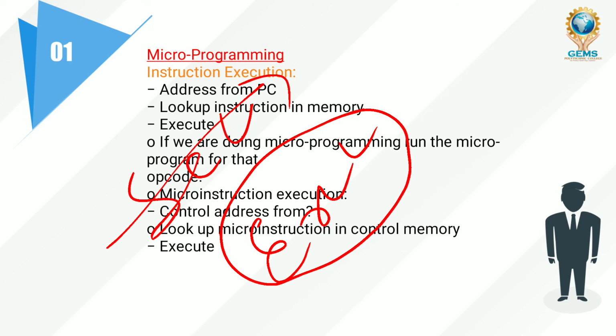So how do instructions execute? First of all, we will see how instructions are executing. Address from the PC. In computer organization and architecture, many registers are there. The program counter register is there, the data register is there, the address register is there, the accumulator is there. These are different kinds of registers that help to store a small amount of data to do the operations, and at the same time to transfer data from one component to another.